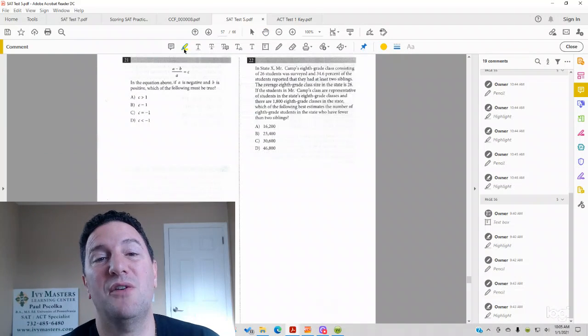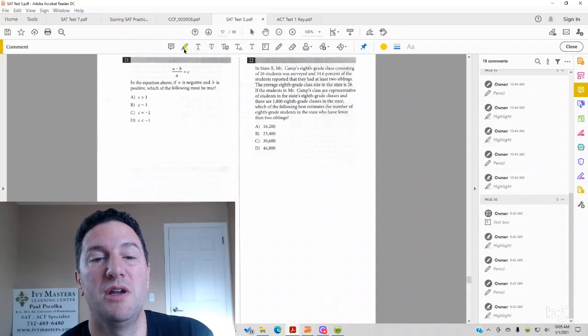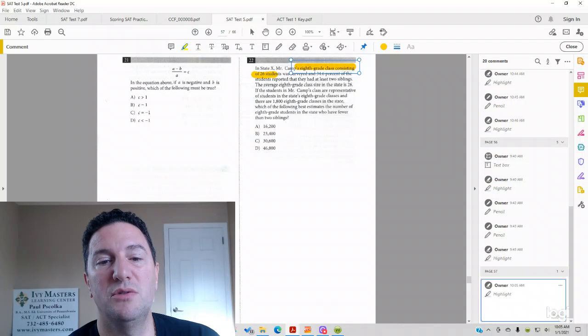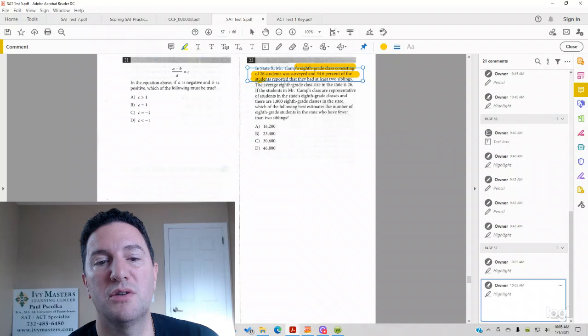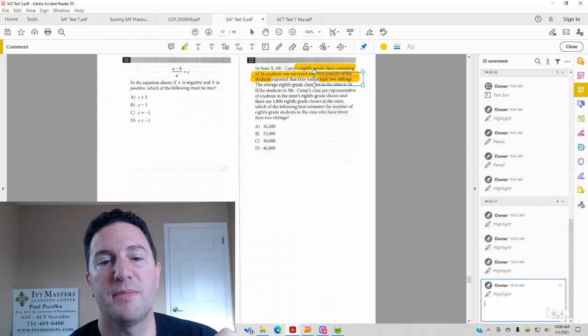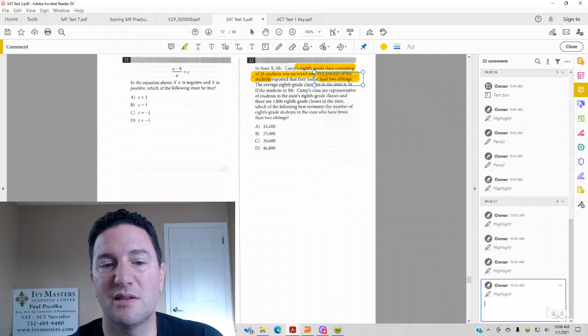And today we're going to look at Test 5, Section 4, Number 22, which reads: In State X, Mr. Camp's 8th grade class consists of 26 students, was surveyed, and 34.6% of the students reported that they had at least 2 siblings. The average 8th grade class in the state is 26.